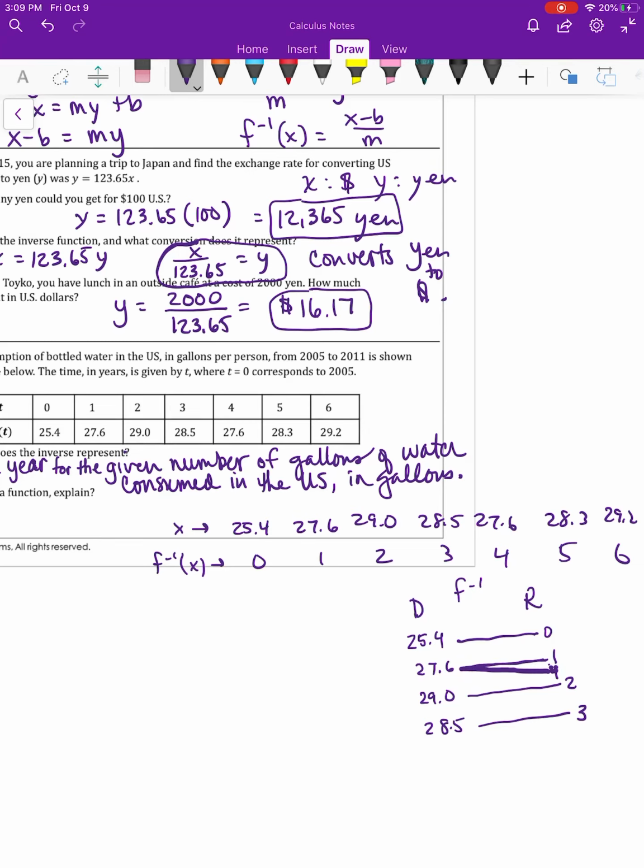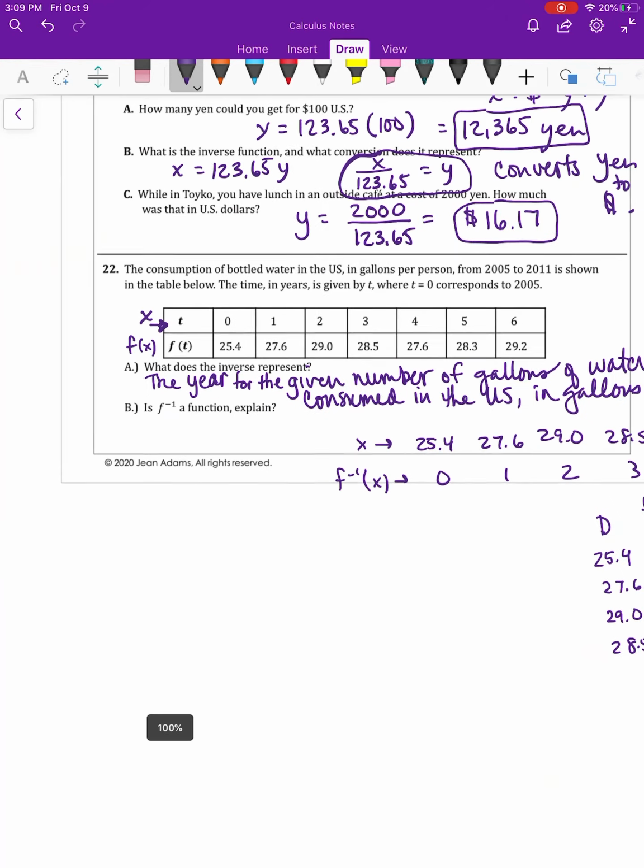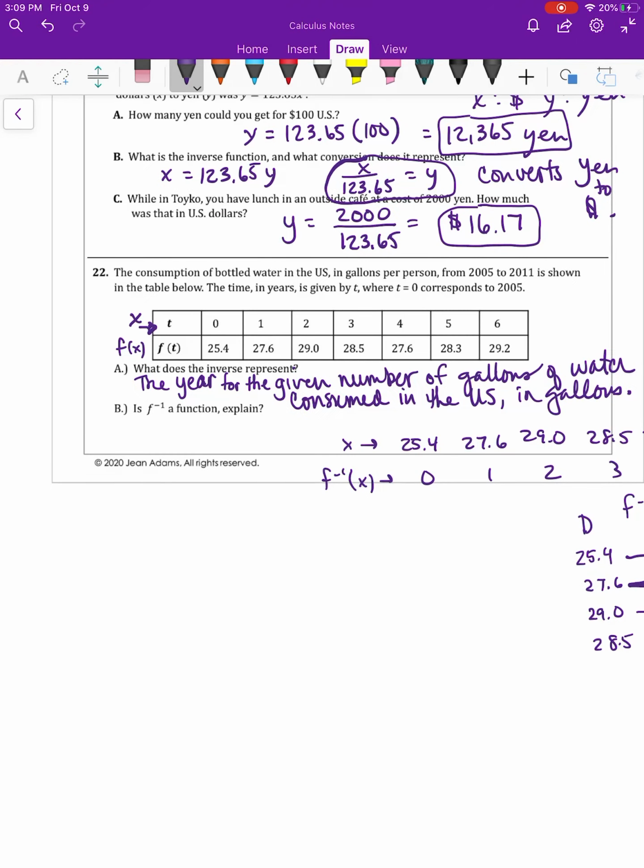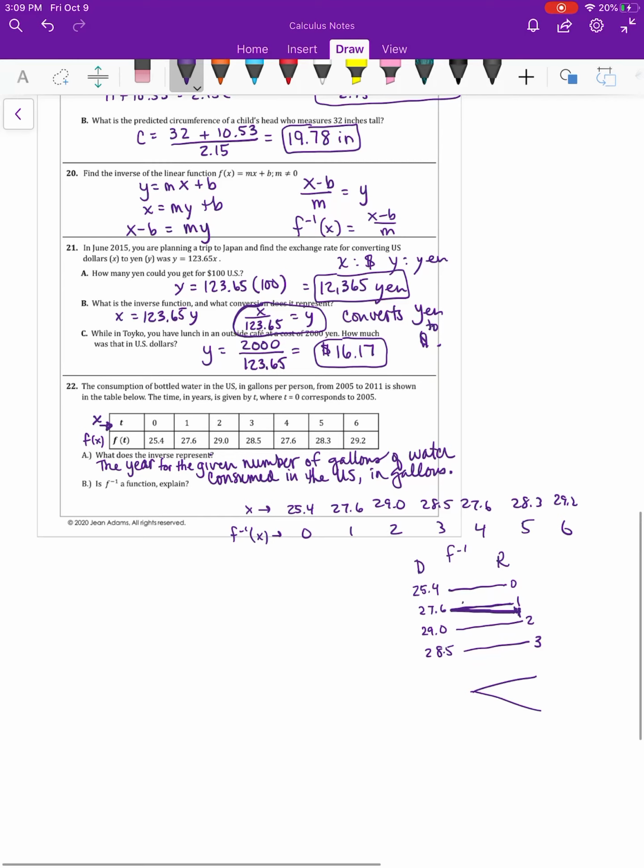So this one goes to 1 and 4. So therefore, it is not a function, because you cannot have an x going to 2 different y's, or it's going to fail the vertical line test. So this causes you failure of the vertical line test for the inverse function.